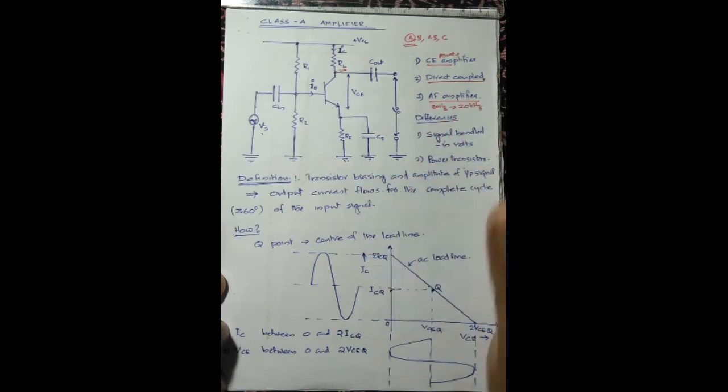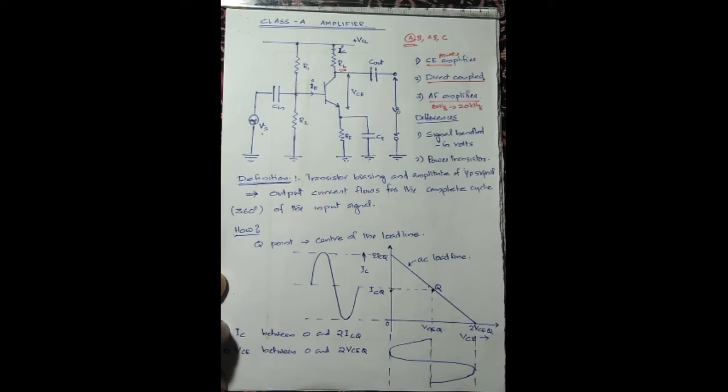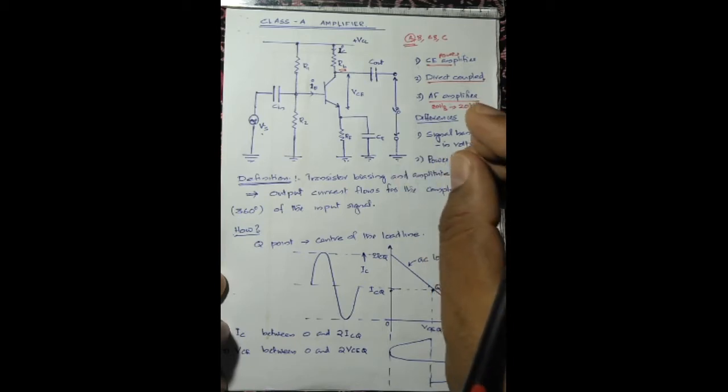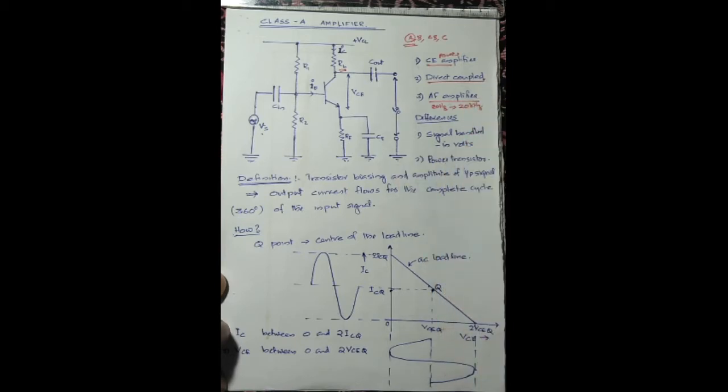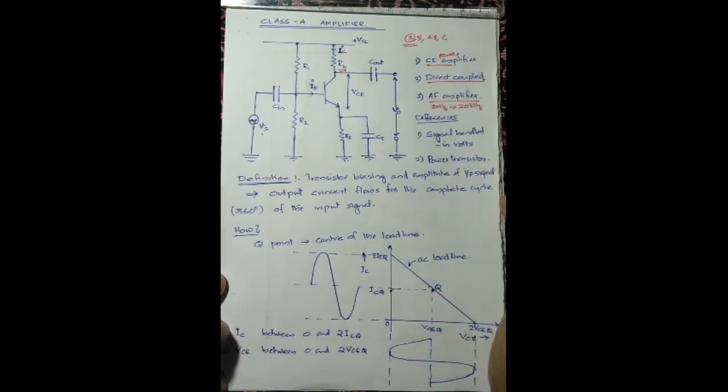But in the case of a class A power amplifier, the current it handles is in the order of milliamperes and the voltage is a few volts. That's the first difference.